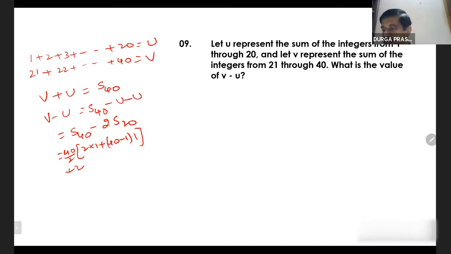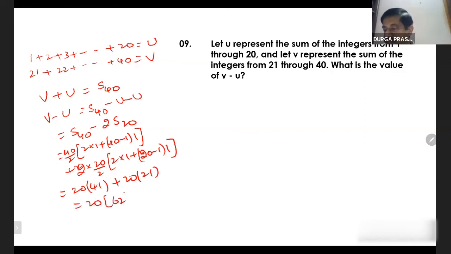So 40 by 2 into 2 into 1 plus 39 into common difference 1, plus 2 into 20 by 2 into 2 into 1 plus 20 minus 1 into common difference 1. So this is 20 into 2 plus 39, 41, plus 20 into 2 plus 19, 21. If you take 20 common, you'll get 62.